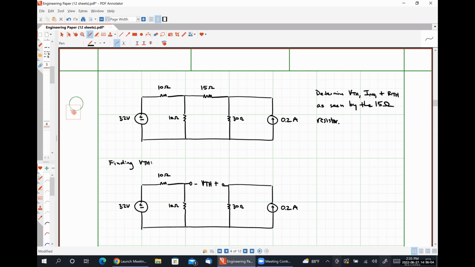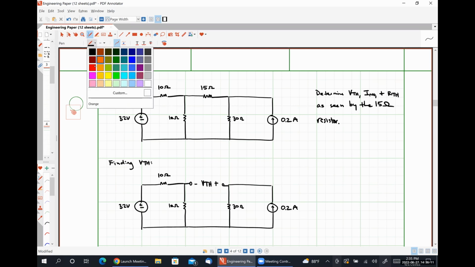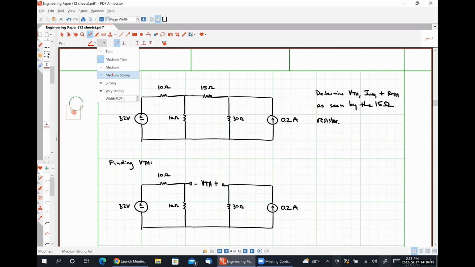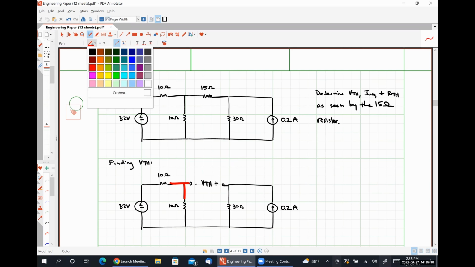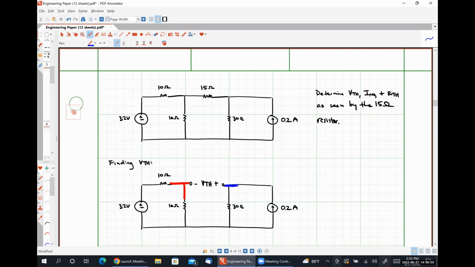So let's do nodal analysis. Here's one node. Here's another node. Here's a node. And here's a node.